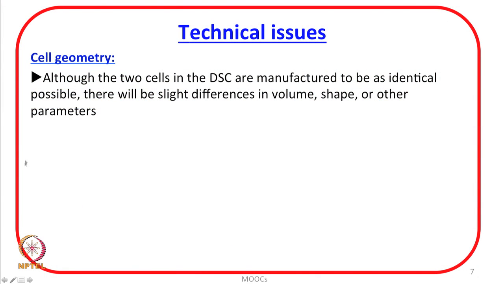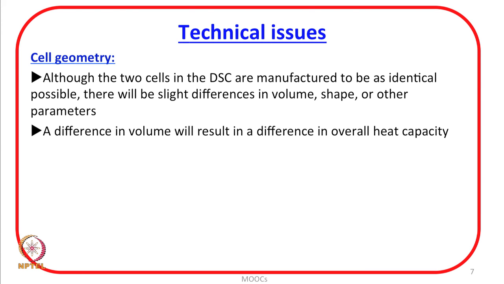As commented over here, although the two cells in DSC are manufactured to be as identical as possible, still there will be slight differences in volume, shape or other parameters.